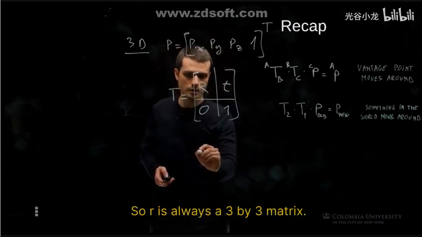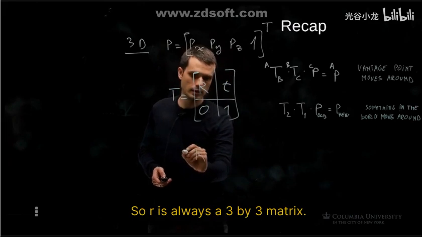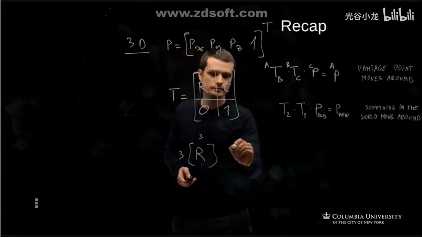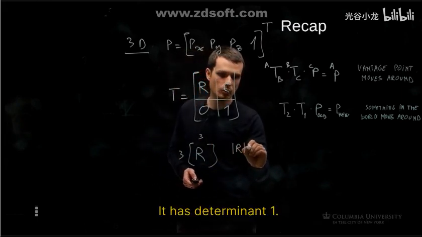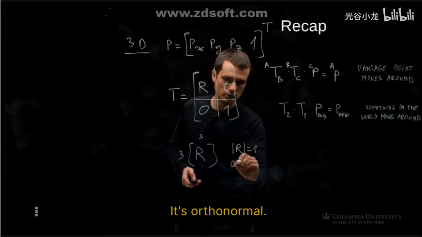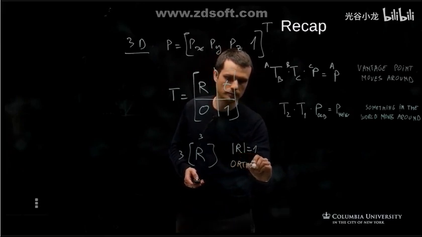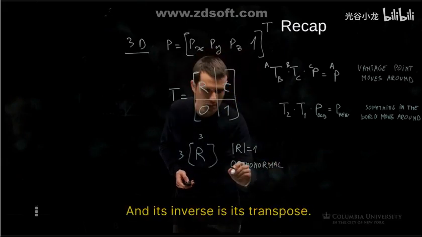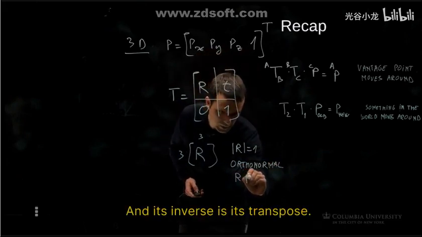These transform matrices have very, very specific properties. So R is always a 3 by 3 matrix. It has determinant 1. It's orthonormal. And its inverse is its transpose.